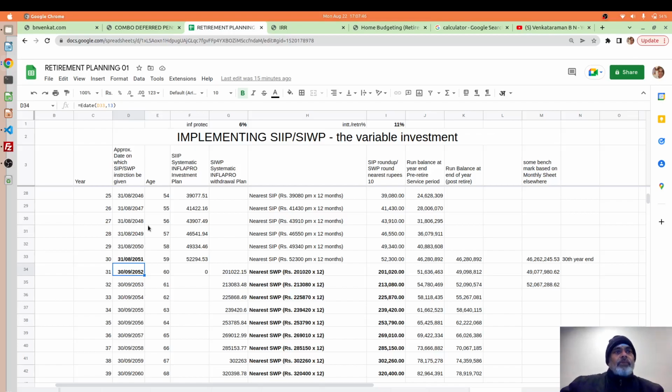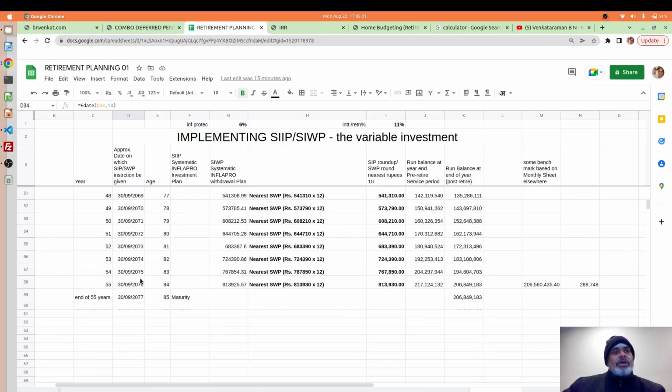Therefore, during the retirement stage, there will be a 13 months difference, and dates are also given, and you can check. This will continue up to the end of the date 1966, and the run balance at the end of the post-retirement year is 20 crore 68 lakhs.